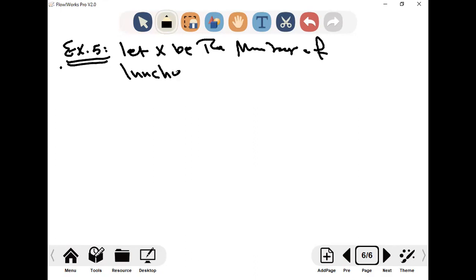Let X be the number of lunches that she can buy. Each lunch costs 2.5. 3 lunches, multiply 2.5. 4 lunches, 5 lunches. So I'll multiply the number of lunches by 2.5, which is X. So 2.5 times X. Now the 50, plus or minus? Minus, she spends. The 50 is going to what?